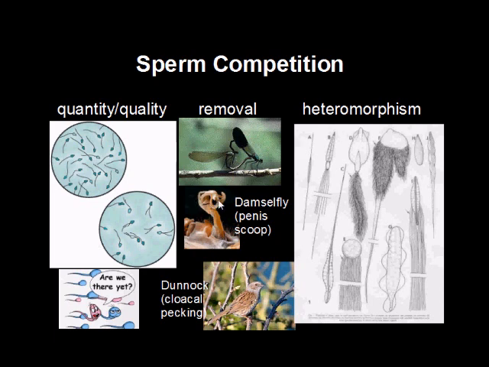It has these kind of barbs on it. It actually acts as a scoop, and so the male goes in, scoops out the previous male's sperm, and then puts his own in. And in this species of bird, they call it cloacal pecking, where they basically peck out the previous sperm.